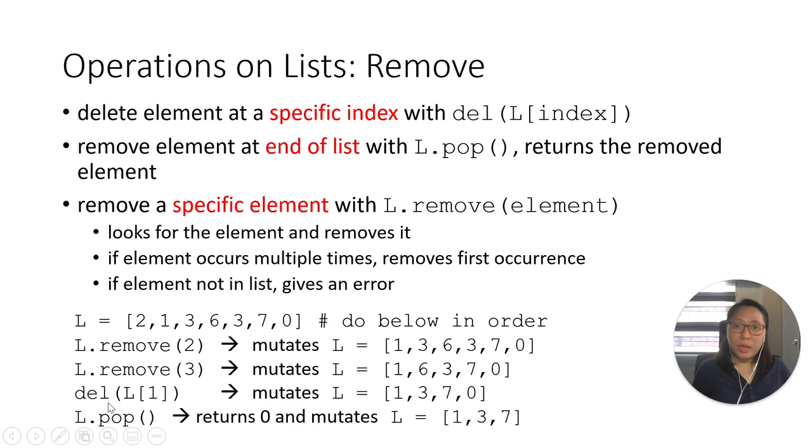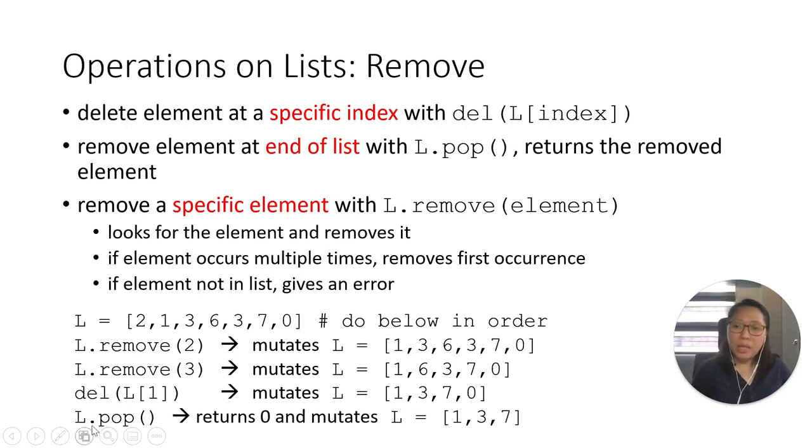Then we delete an element, let's say here, del L[1]. This removes the element at index 1, which is 6. So this mutates L, and L becomes this one. This is the new value of L. We can do pop.